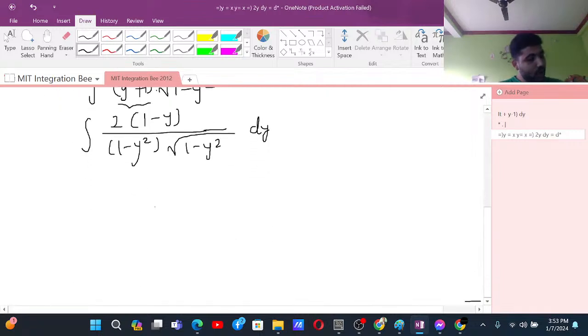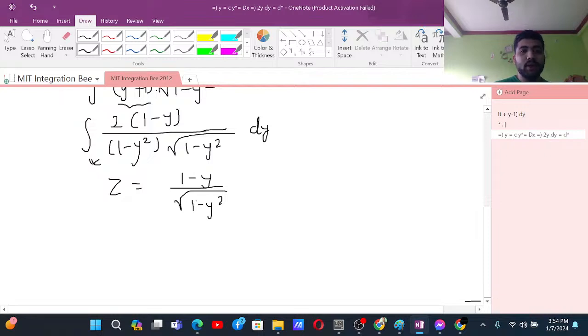Now the next step can be to let this g be 1 minus y by root under 1 minus y square. Because it's going to be squared by using the quotient rule, you will get this term as well, and when this numerator is differentiated, you will also get root under 1 minus y square. So with practice you can see how it will give something related to the original expression.